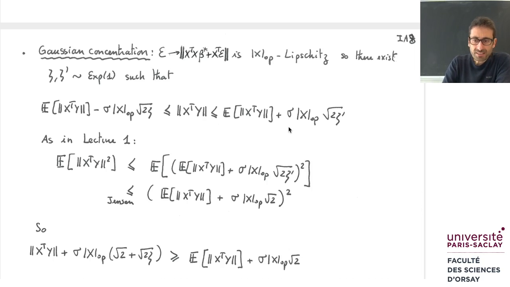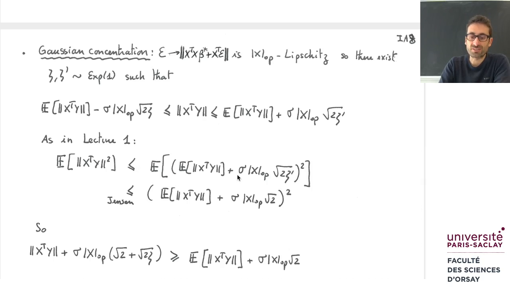So we start from this inequality here, then we put it to the square, right? And we take the expectation. So if we do this, expectation of the square, expectation of the square. And now, exactly as in the first lecture, what we do is apply Jensen inequality, because the mapping which takes xi prime and associates this value is concave.